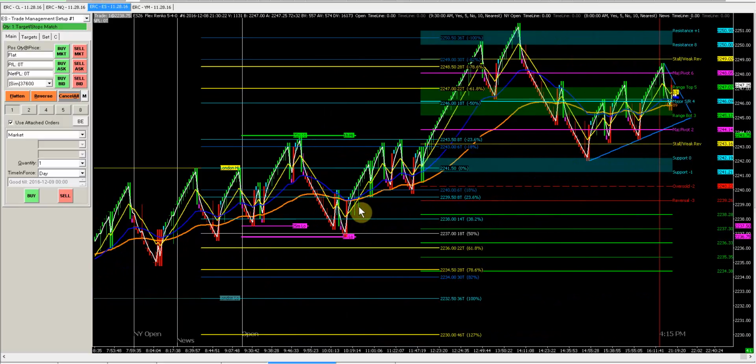I was going to replay that, but I'll do that on another video because I kind of wanted to show you the structure of the market as I saw it. The market is really not as random as people would like to think it is, and there's multiple ways to trade this. There's multiple entries.